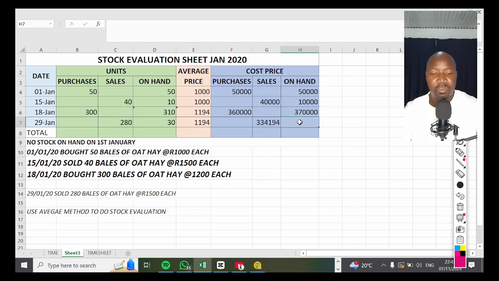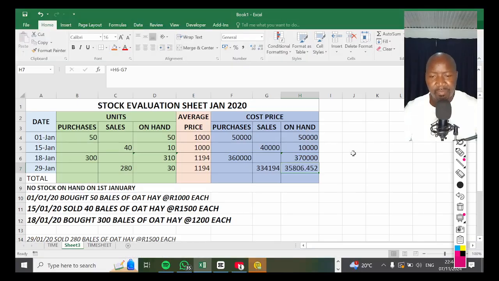And then we close it off by equal sign balance minus sales. Balance minus sales. Then we get the balance of stock on hand. Then I'm going to reduce the decimals for neatness. So that's what is left for you there.